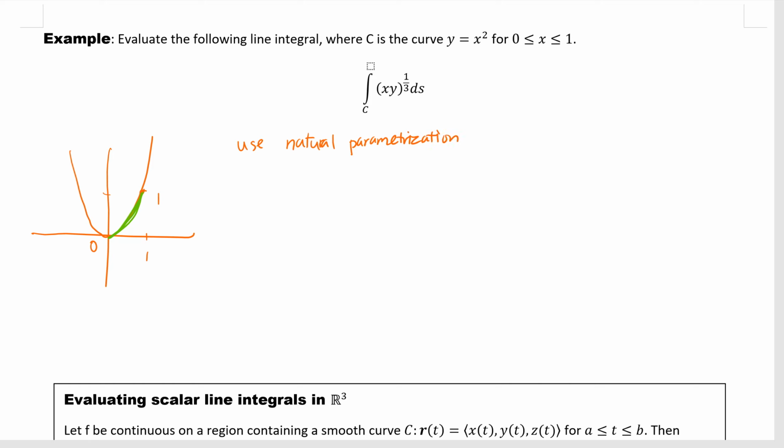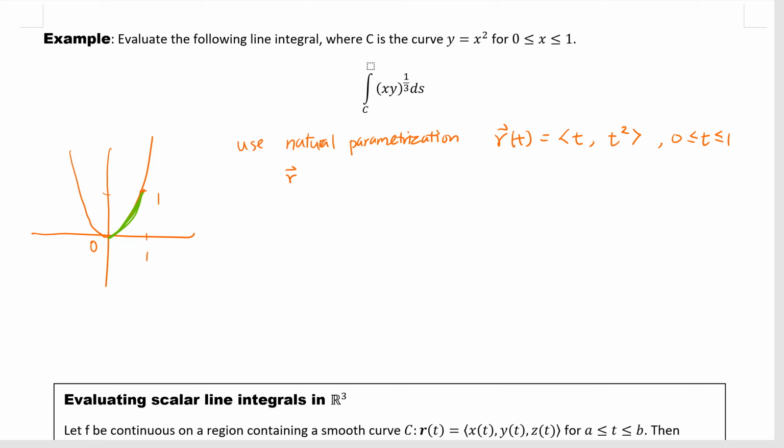Well, here, if y is a function of x, then just let x be t, then y is just the function f of t. So here it is t squared. And because x is t, then we have t goes from 0 to 1. So this is a natural parameterization.